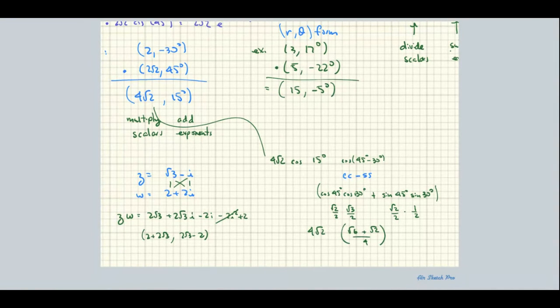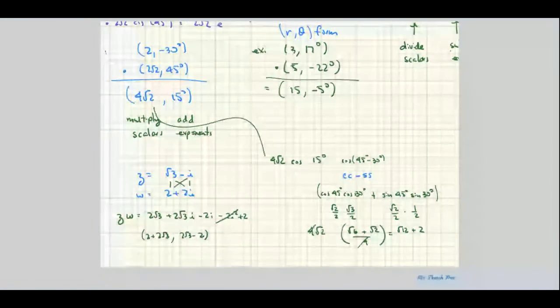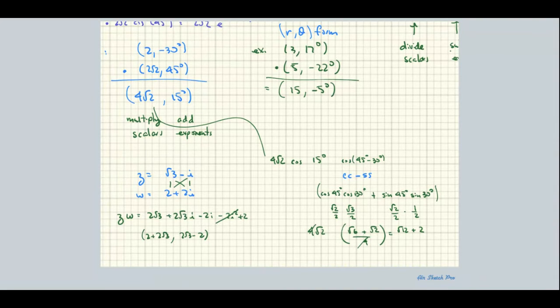I'd have to do this for the y coordinate as well. 4 times root 6 plus root 2 over 4 looks like root 12 plus 2, because the 4's cancel, yeah? And root 2 times root 6 plus root 2 is root 12 plus root 4, which is 2. And that number is 2 root 3 plus 2, which is the same thing as the x coordinate.